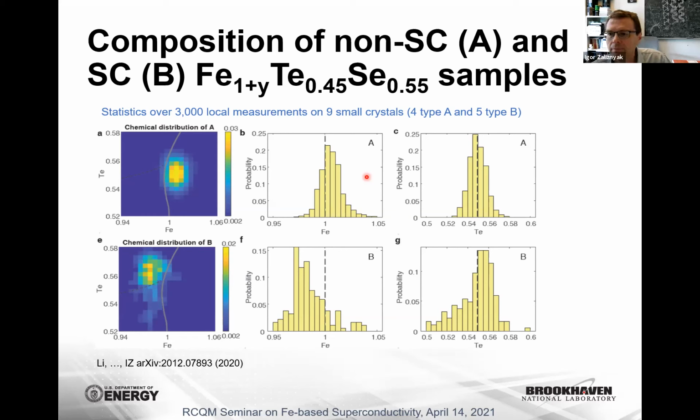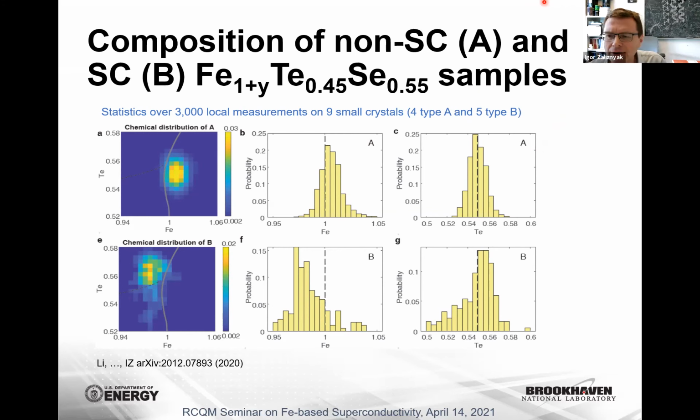Okay, thank you. I think it was Christoph next. Yeah, very nice talk. I was wondering, how did you prepare samples A and B? Was it tellurium vapor? Is it different annealing times?